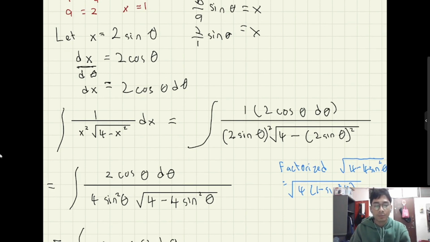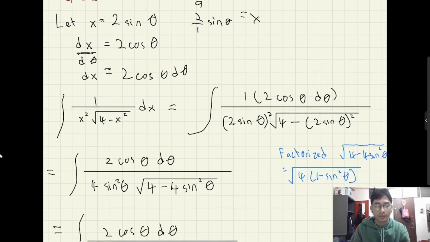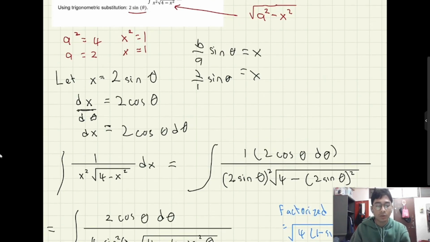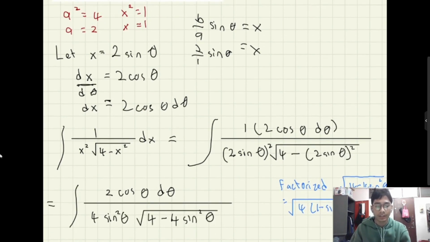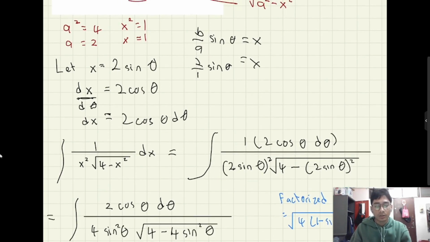After that, I move the d theta to the right side and leave only dx on the left side, and I get dx equal to 2 cos theta d theta.